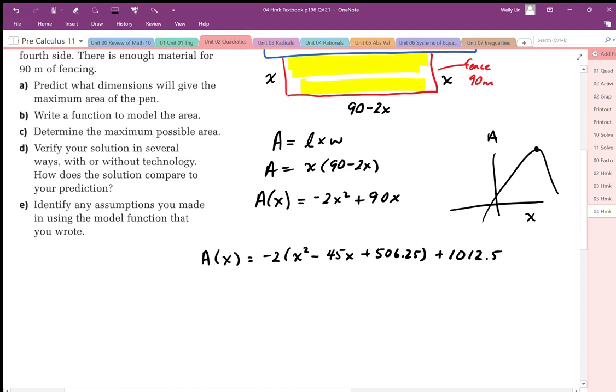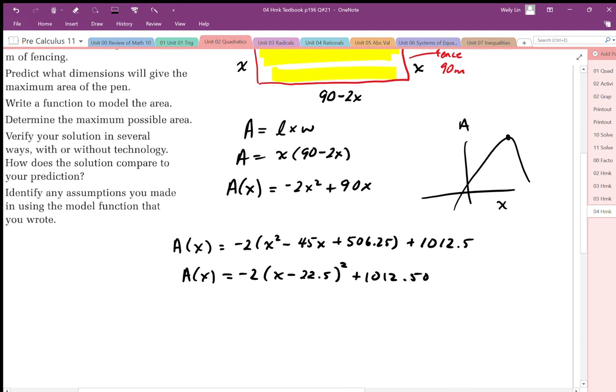Now I've got a balanced equation, and I'm going to write it in its completed square form. So I get negative 2 times x minus 22.5 squared plus 1012.5. This means that at x equals 22.5, I'm going to have my vertex, the max point, and the max point is going to be 1012.5.